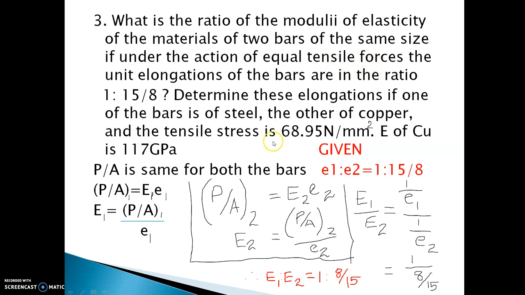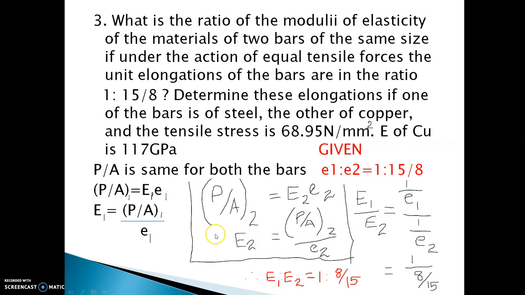So you can write P by A is equal to capital E1 into small e1, and P by A of the second material is equal to capital E2 into small e2. So from which you can write capital E2 equal to P by A for the second material divided by strain of the second material.